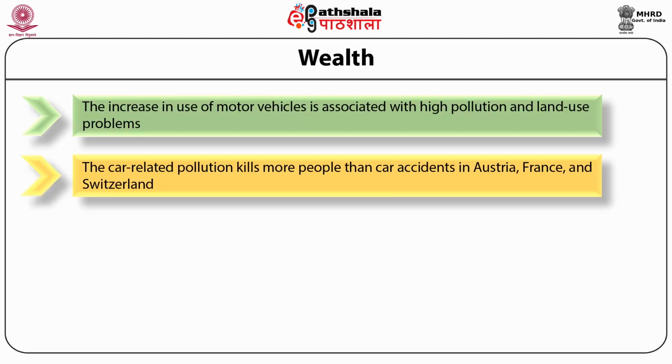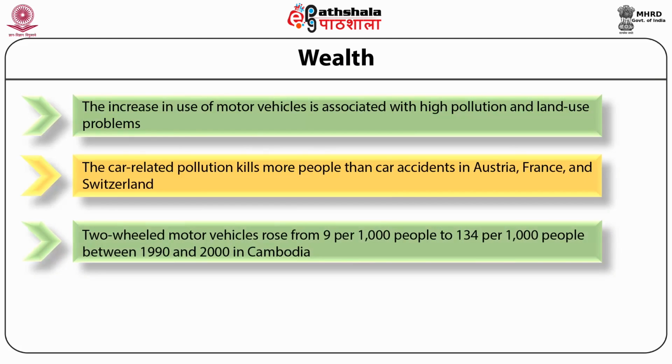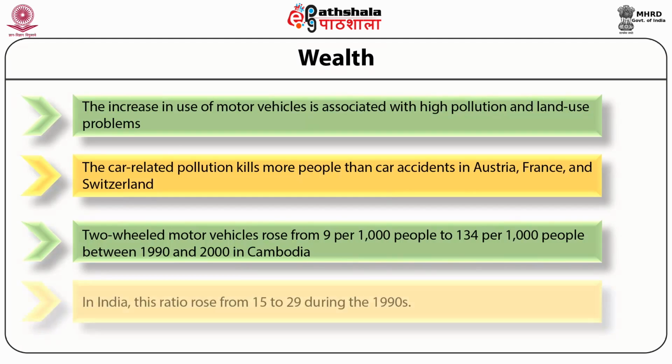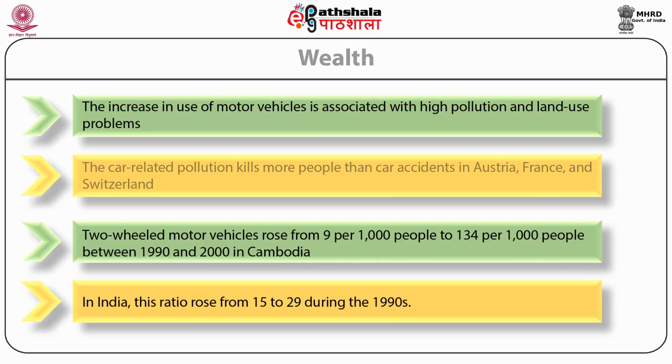For example, 2-wheeled motor vehicles rose from 9 per 1,000 people to 134 per 1,000 people between 1990 and 2000 in Cambodia. Similarly, in India, this ratio rose from 15 to 29 during the 1990s.